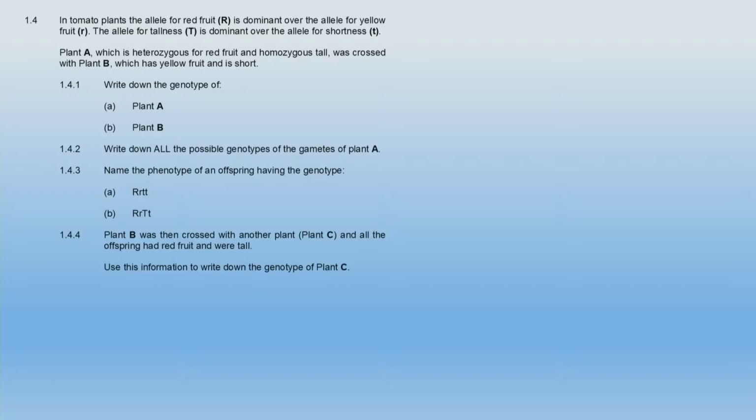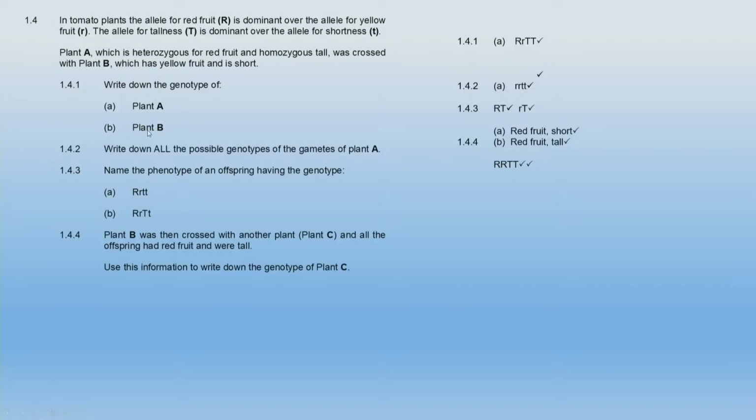So typical questions are to write down the genotype and write down the phenotype, write the possible genotypes of gametes of plant A. When we have gametes, we have to sort the gametes.